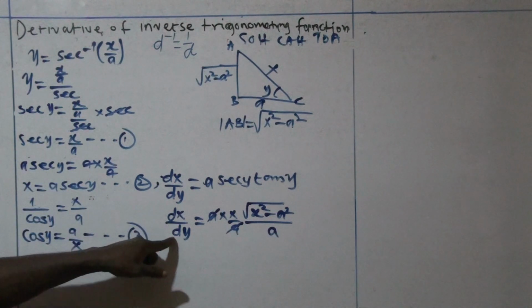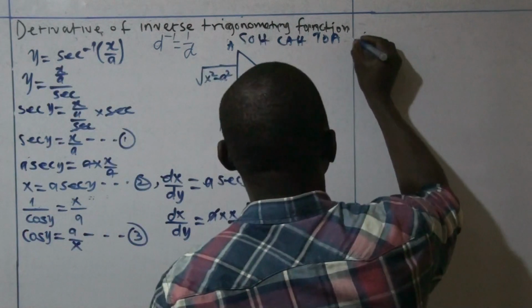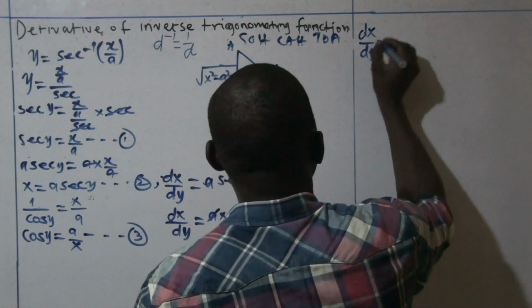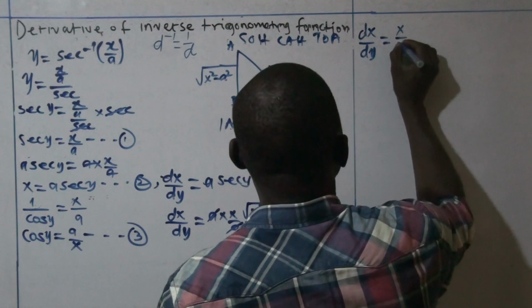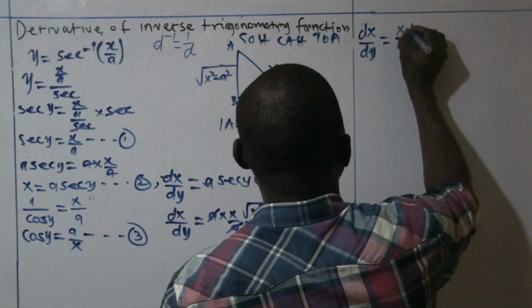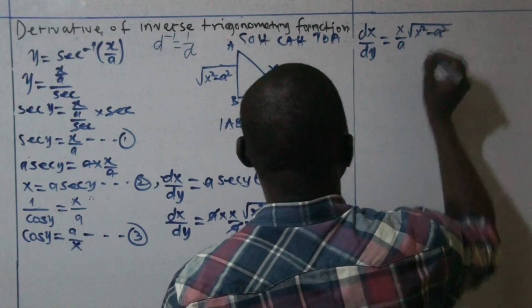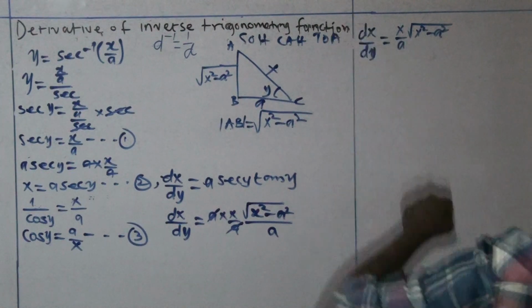All we need to do is let's write this clearly here. dx over dy is equal to x over a root x squared minus a squared. But we are looking for dy dx.